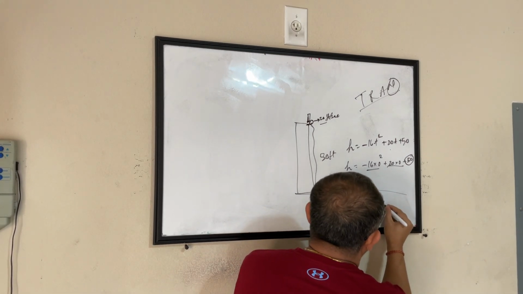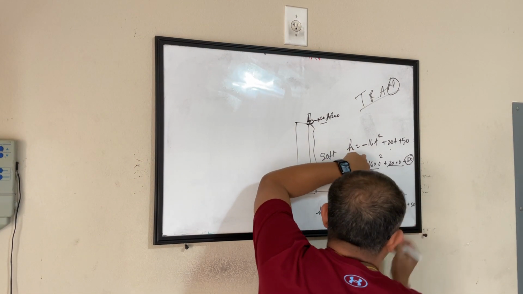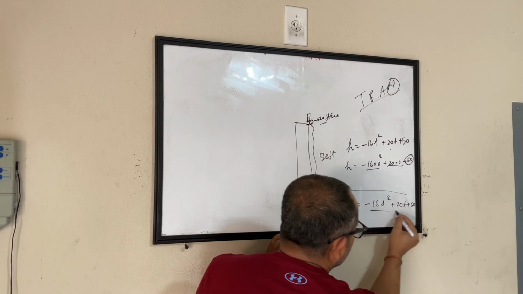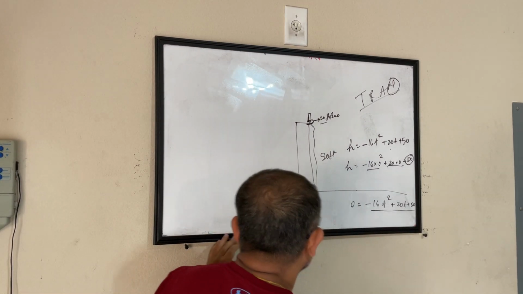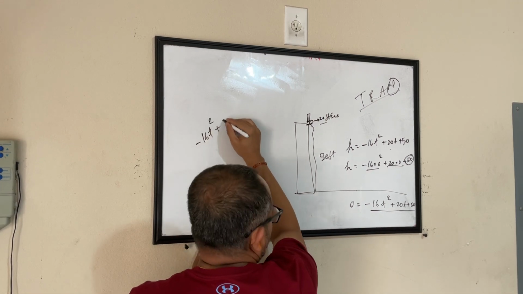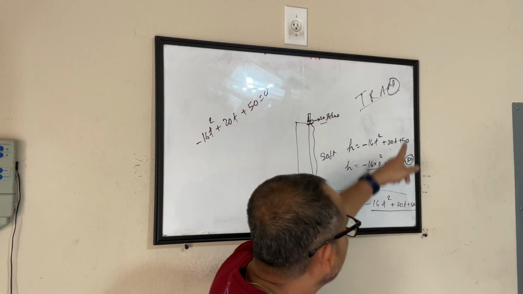Let's find out. Minus 16t squared plus 20t plus 50, we have to solve it for t in this equation. Or we can say minus 16t squared plus 20t plus 50 equals 0. This is when Nike kicks in.